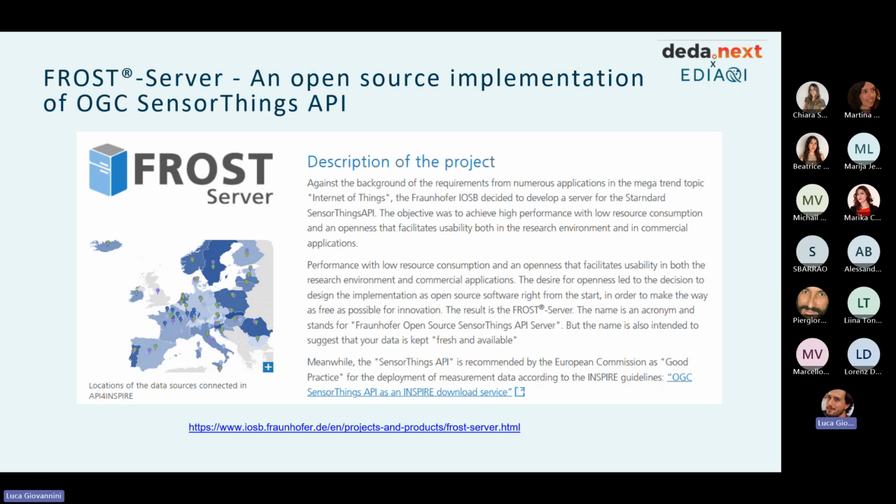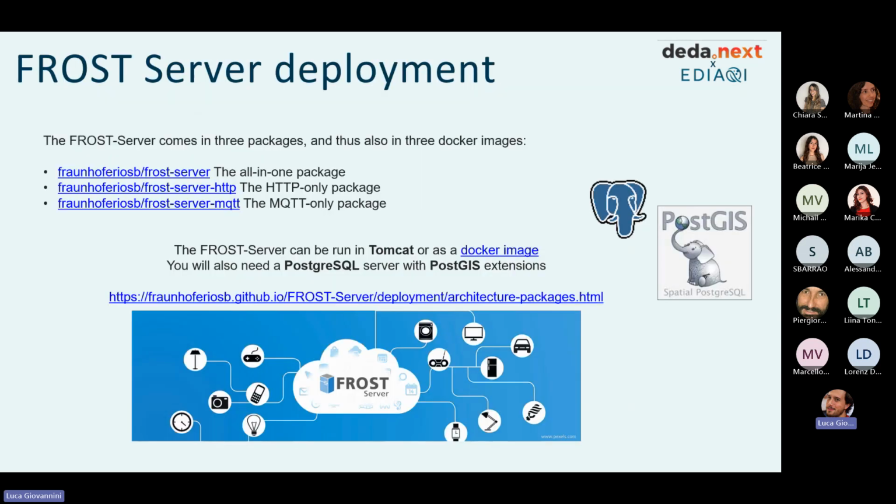It basically provides a schema on a Postgres database, implementing the data model that I was showing previously, and then it provides two protocols to communicate with the outside world: one HTTP protocol to read and write, and one MQTT protocol.